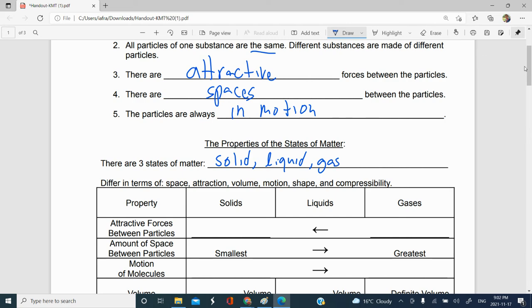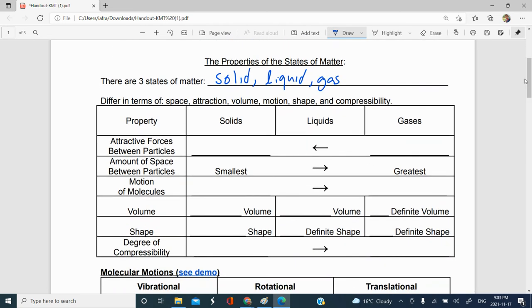The states of matter, their particles differ on a variety of aspects, and you should be able to explain which one is the highest and lowest in terms of these different properties. So if you look at attractive forces, solids have the highest attractive force, so strongest or greatest attractive force.